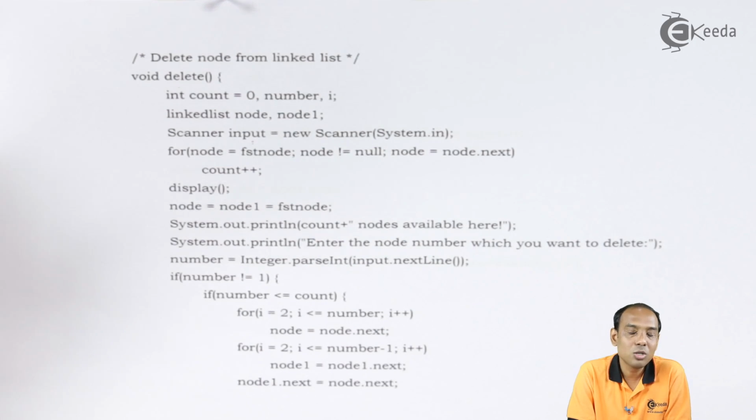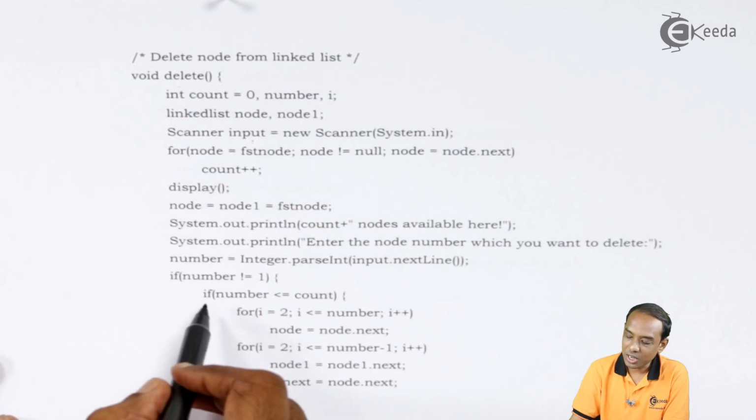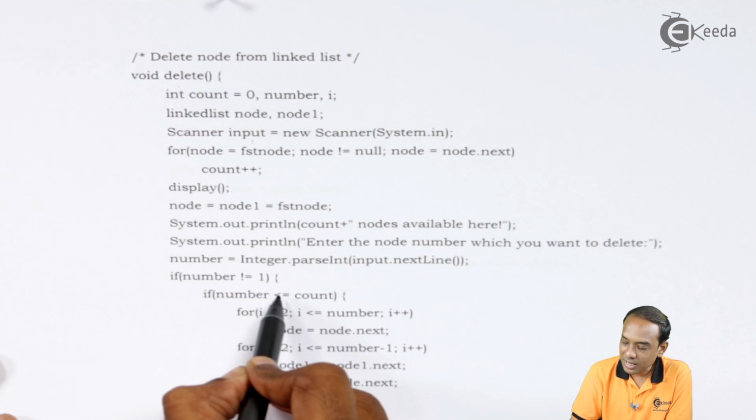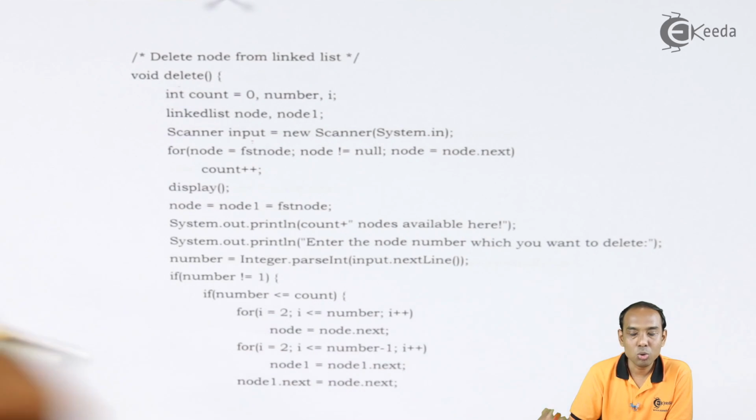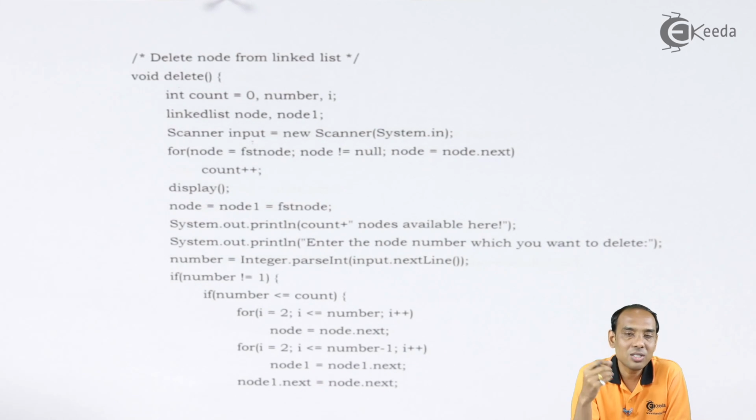In that case, it is not going to be easy to delete the nodes because there are no nodes to delete. So I check the condition if number less than equal to count. I will hold this condition true till we get number less than equal to count. It might be a condition where number is equal to count. Let's take an example: I have one node only and the number the user is going to delete is 1 only.